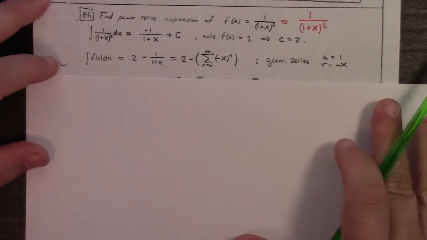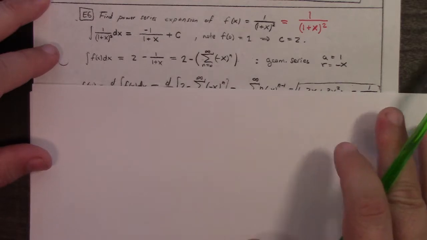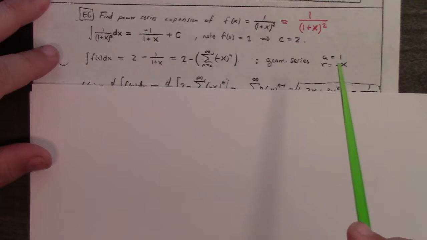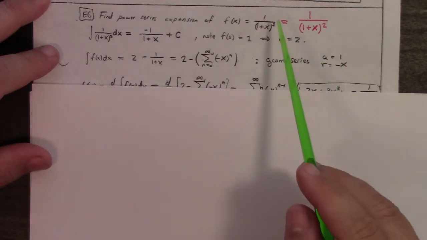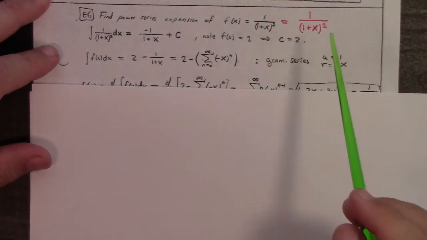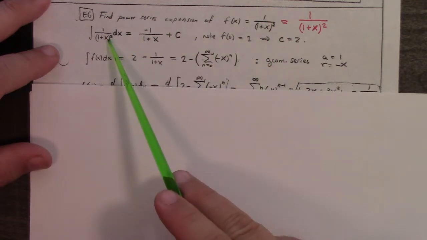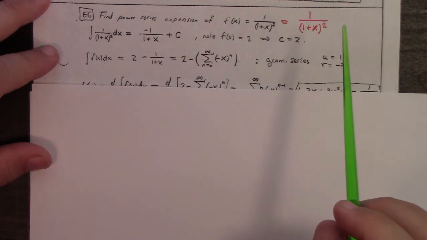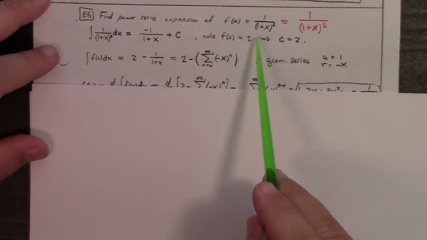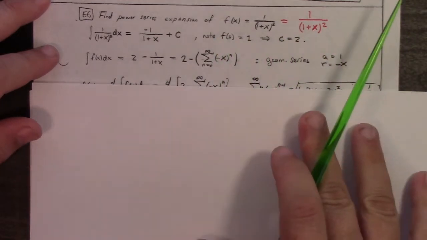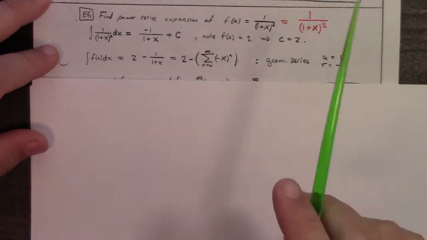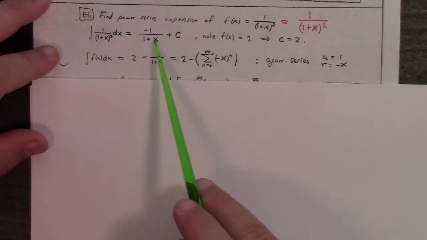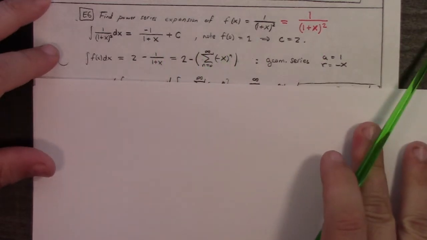Sorry, guys. I don't disagree that f of 0 is 1, but this is not f. This is the integral of f. Tell you what, let's just go on here. You can ignore this, all right? Anyway, the larger point here is that minus 1 over 1 plus x is this geometric series. That's the integral.